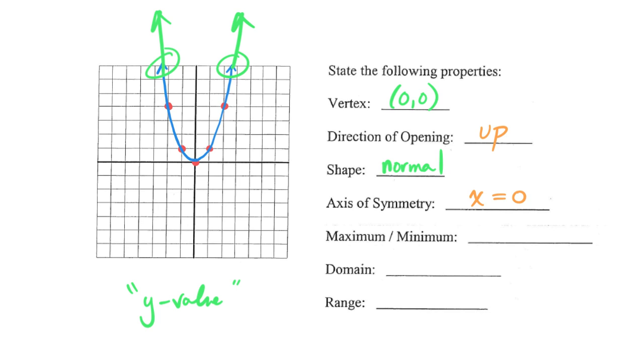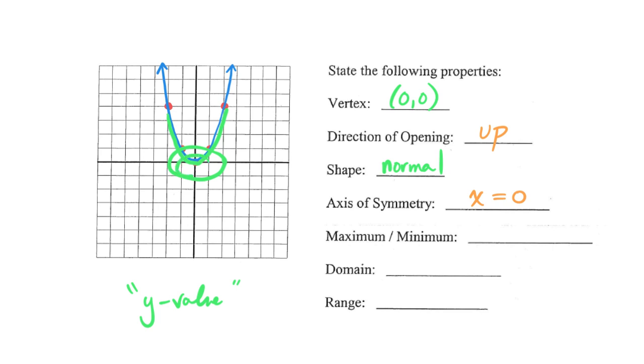But if I erase that green and we look on the other side, does that parabola have a minimum value? You'll notice that that parabola does not go below the vertex. It stops. It comes down, down, down, then goes back up, up, up.